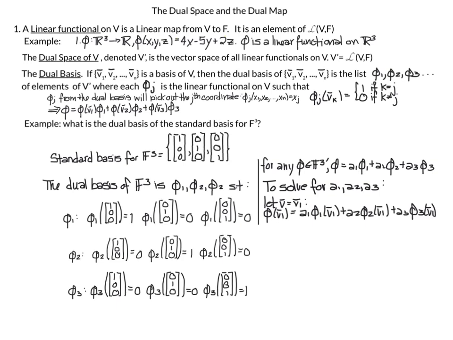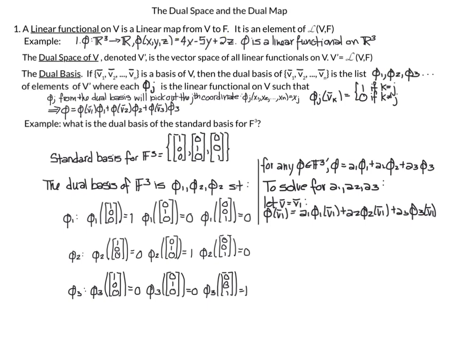To solve now for our constant coefficients a1, a2, and a3, I'm going to start by choosing the vector v1, that is the first basis vector. In this case, the first basis vector would be (1, 0, 0). But in general, I'm just going to choose the first basis vector, and I'm going to plug it into phi. So I have phi of v1 is equal to a1 phi1 v1, plus a2 phi2 v1, plus a3 phi3 v1.